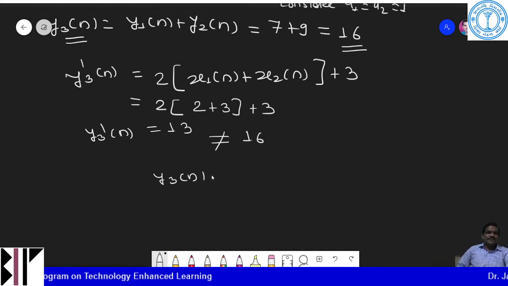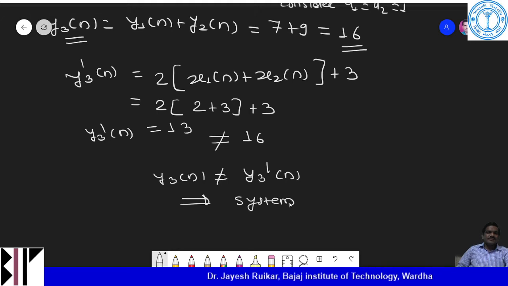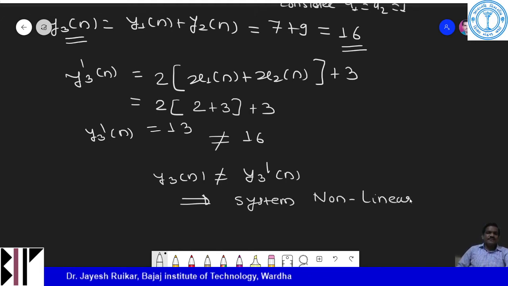So y3 of n is not equal to y3 dash of n. This implies the system is non-linear.